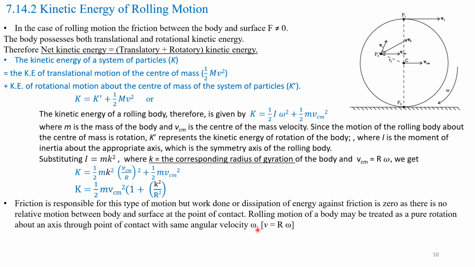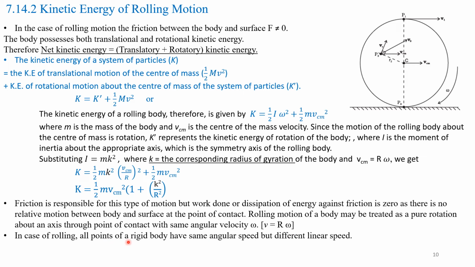So the relationship between linear velocity and angular velocity is v = R omega, where R is the radius. In case of rolling, all points of the rigid body have the same angular speed.